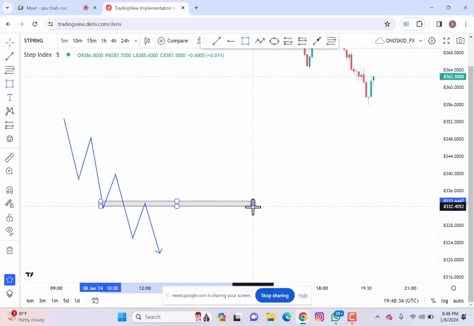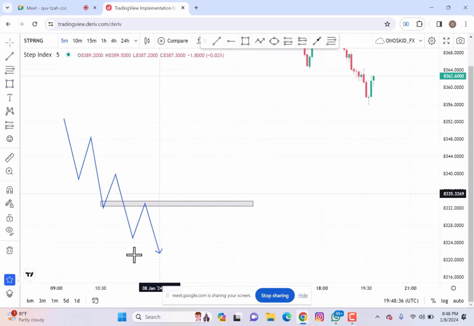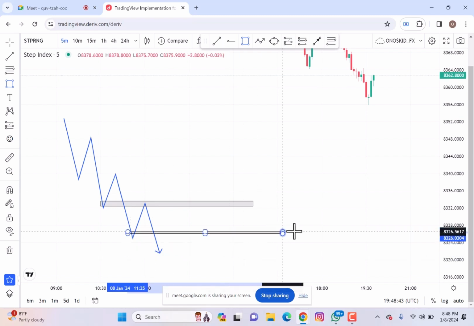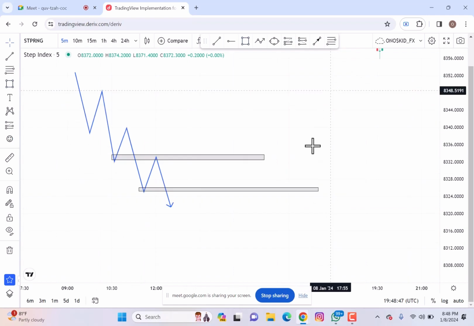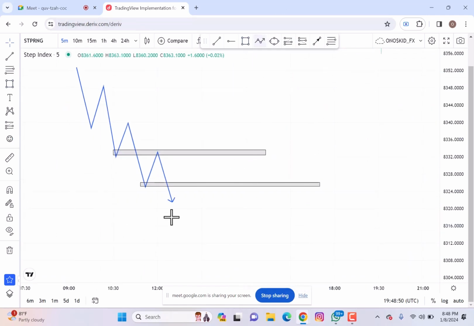I'm going to consider this point as my POI one. I will also consider this level as my POI. So in a case where I notice that there's a push to this point, I may decide to take an entry from this particular level here and ride the market all the way down, because this point has become my POI.